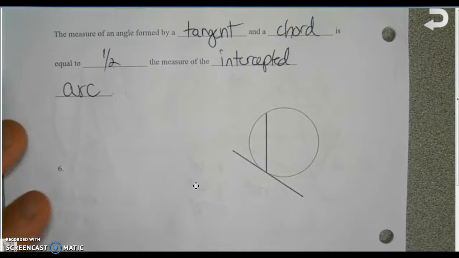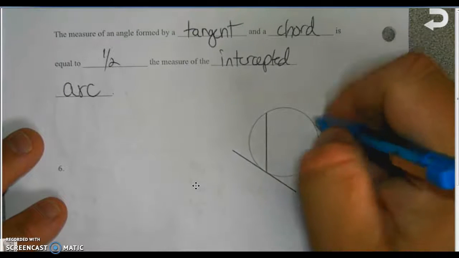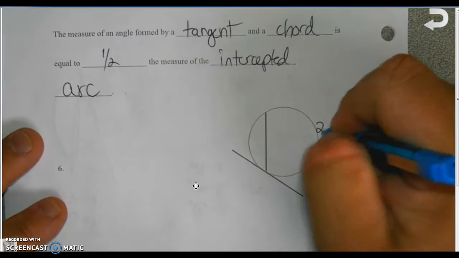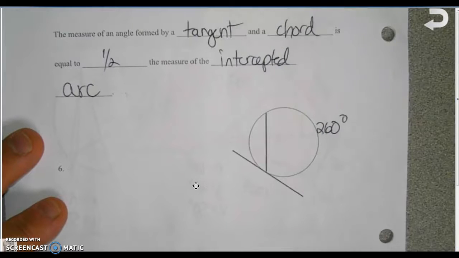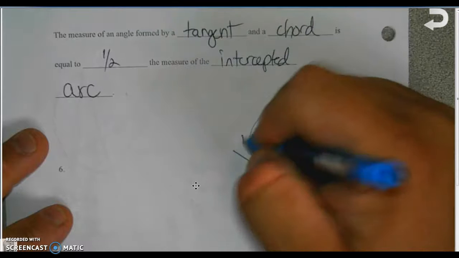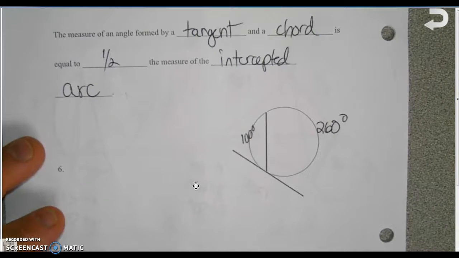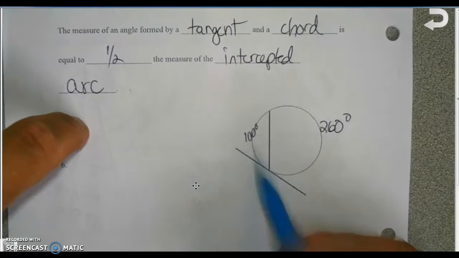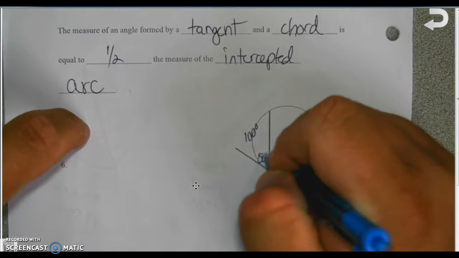For example, if this arc right here is 260 degrees, well, we know there's 360 degrees in a circle, so this arc is 100. Well, if this arc is 100, this angle is 50.